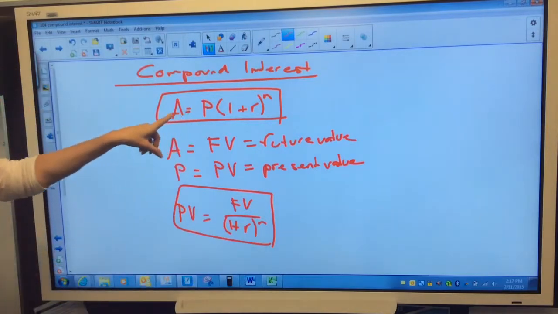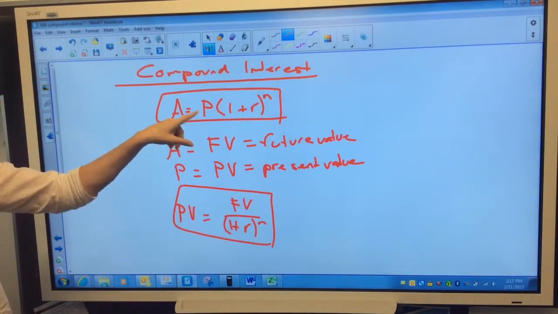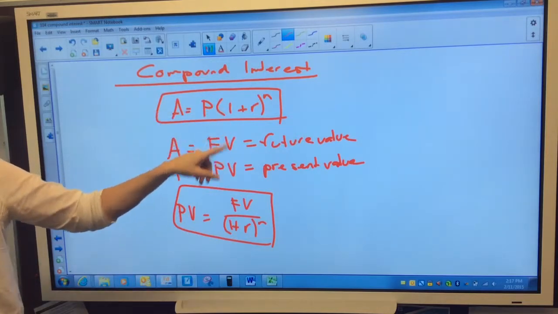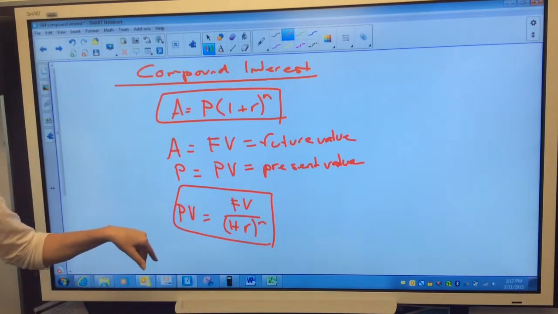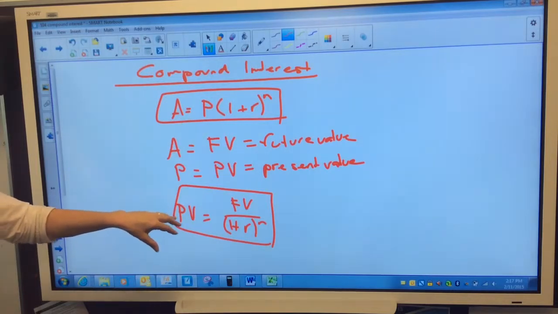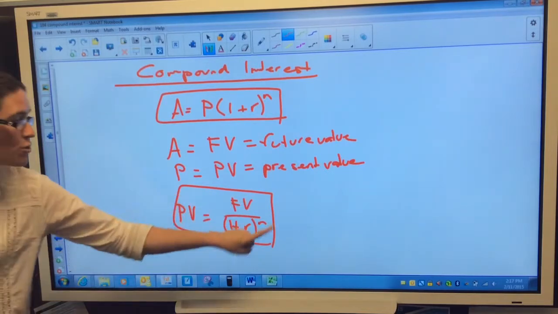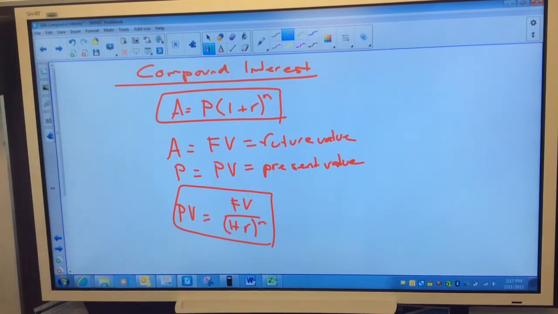All they've done is they've rearranged that formula so that P is the subject. Now we're used to putting it in there and just solving the equation. But they're saying, oh no, we're going to make it even easier for you. If you know what the future value is, to find the present value, you can put it straight in this rule. So you don't even have to solve an equation. It's making life even easier.